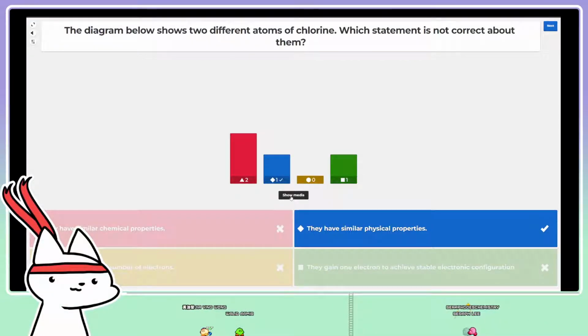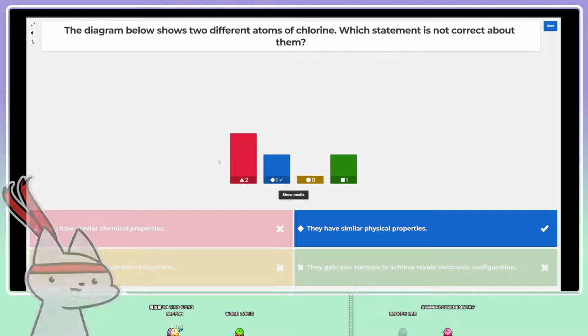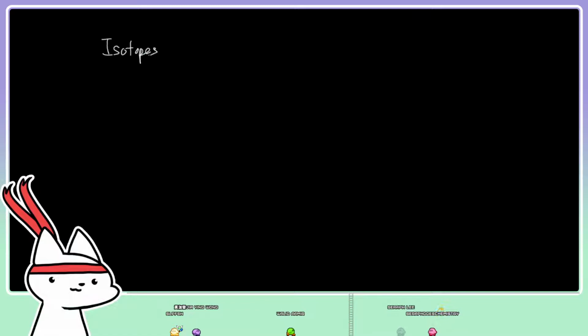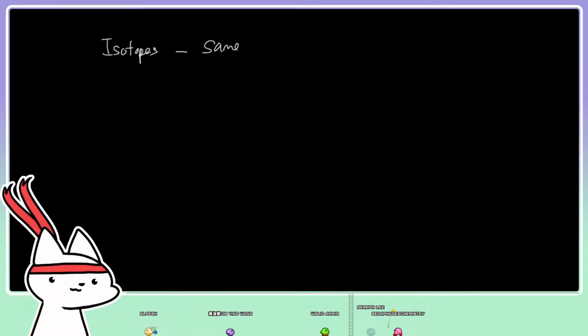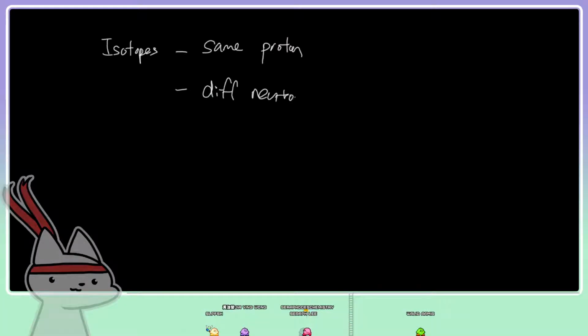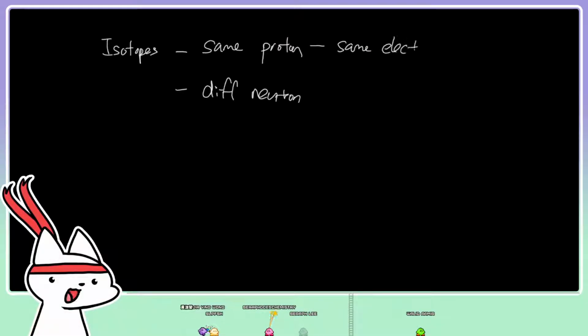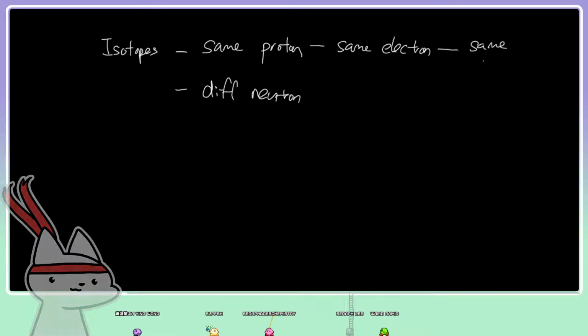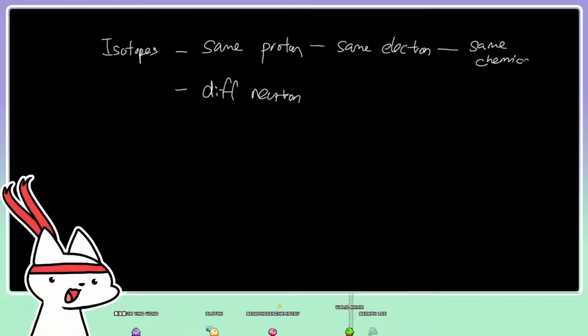Nice. So in this case, when it comes to the 35 and the 37, isotopes will always have different... So what is isotopes? Isotopes will have the same proton, different neutron. If the proton is the same, more than likely the electron can be similar. So it will have the same chemical properties.